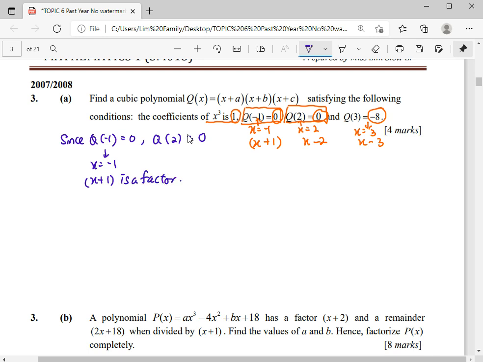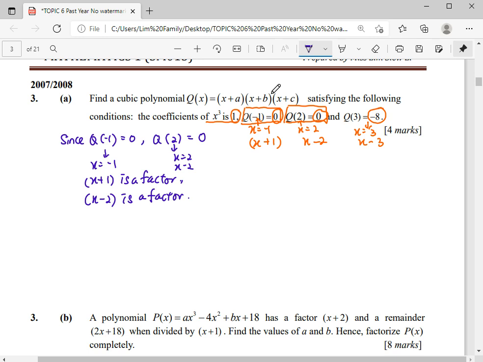And at the same time, we can read out x equals 2, so x minus 2 also is a factor. So when we say x plus 1 and x minus 2 are factors, means one of these brackets is x plus 1, one of these brackets is x minus 2. So our task here is just leaving another unknown C that we don't know.